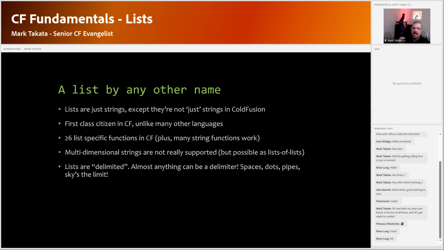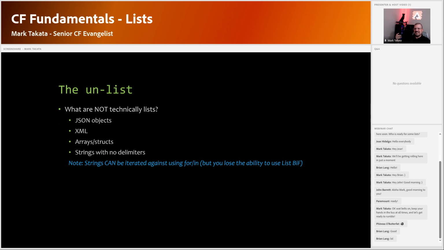That's the default, and you don't have to specify it as long as it's a comma. Now, if it's not a comma, if it's a dot, if it's a pipe, if it's a letter, it can be almost anything, then you do have to put that in. And one of the little tricks that I'll mention a little bit is you can actually use spaces as delimiters as well.